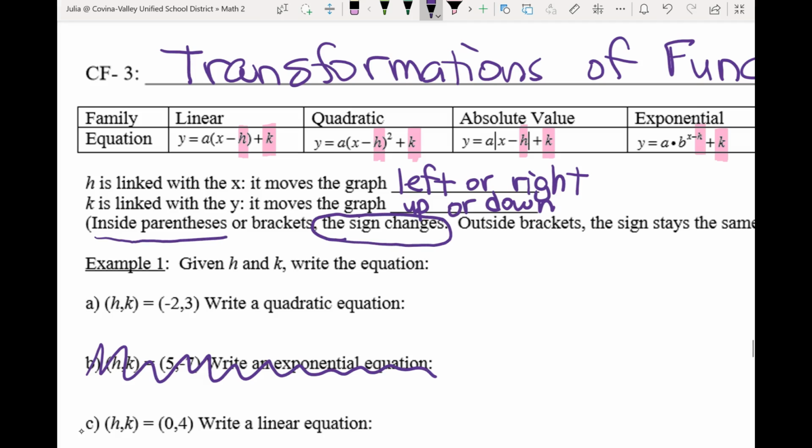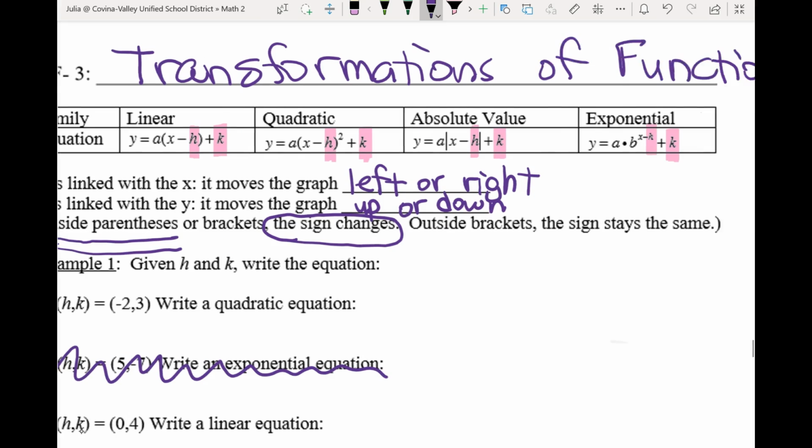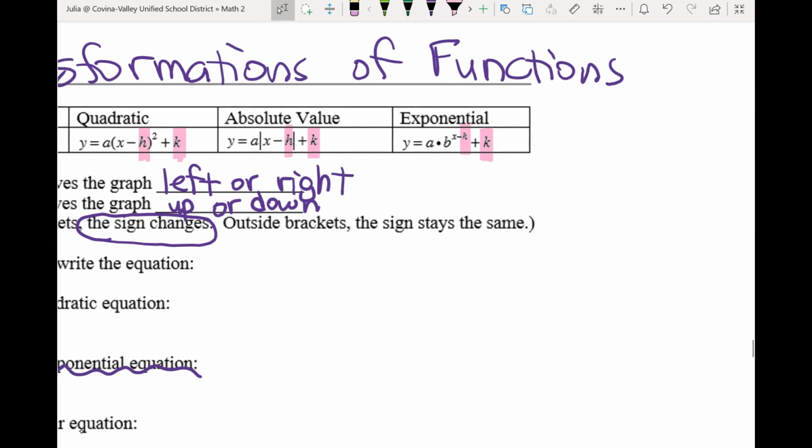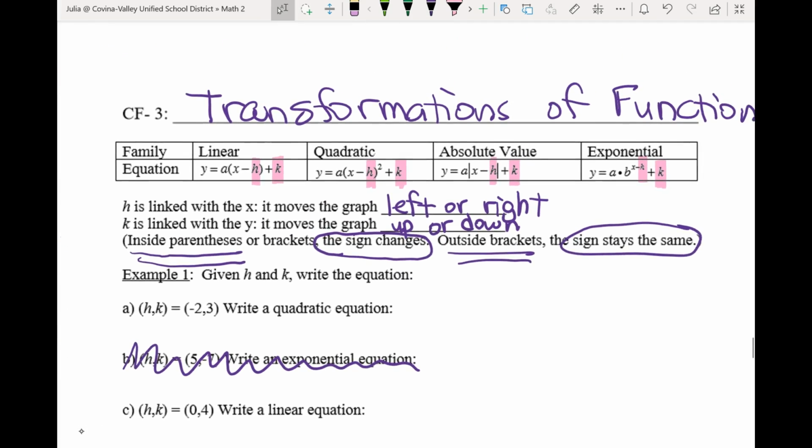If you're inside parentheses or brackets of any kind, you go with the opposite sign. So with my exponential here, I'm going to end up putting brackets there in a second. If it's outside the brackets, the sign stays the same. Okay, that's a trick that will save you a lot of time if you can remember that.